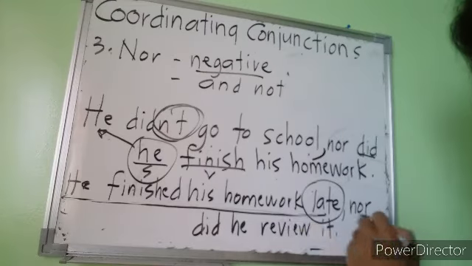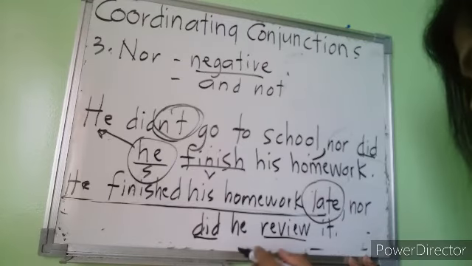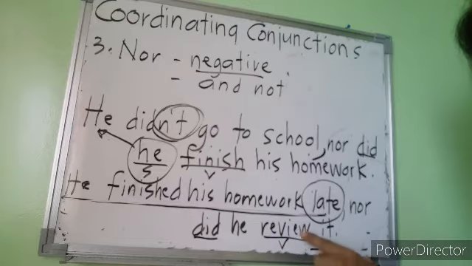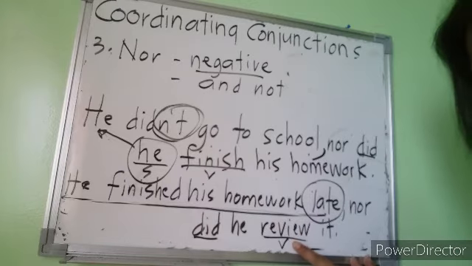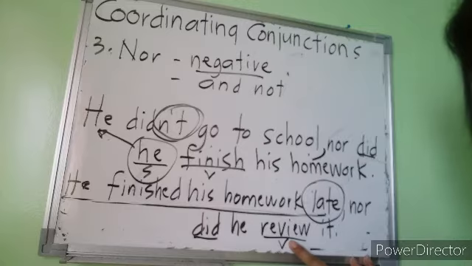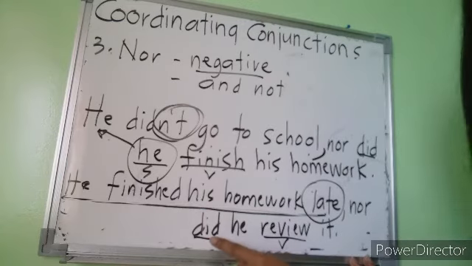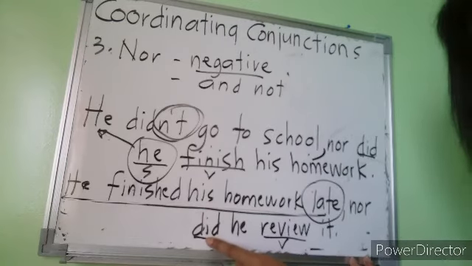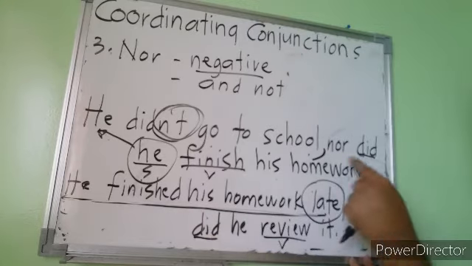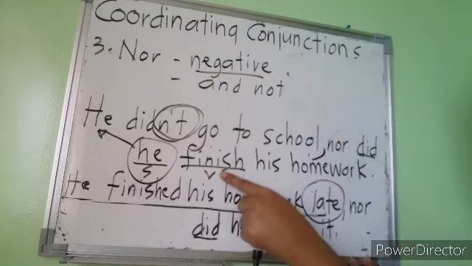So this is your verb. When you use the verb here, it should be the base form. Why? Because of this one. So did here means already past. Right. Here also, did is past. So you use the base form here.